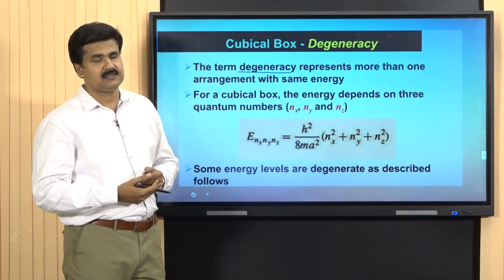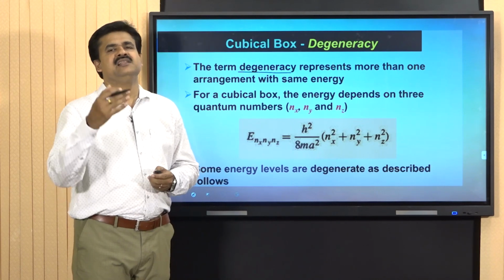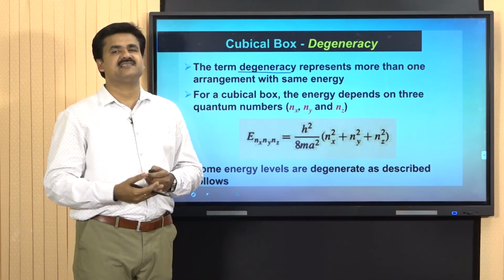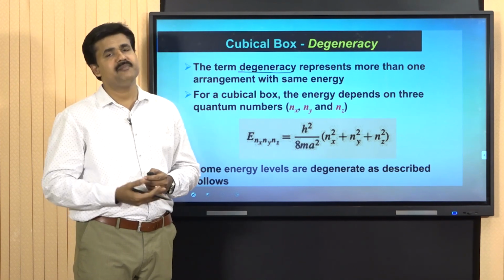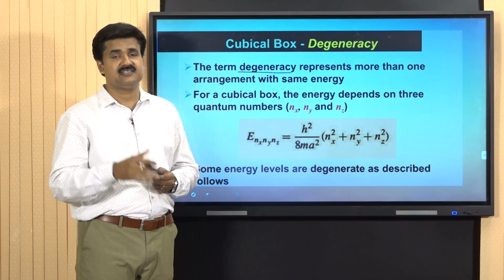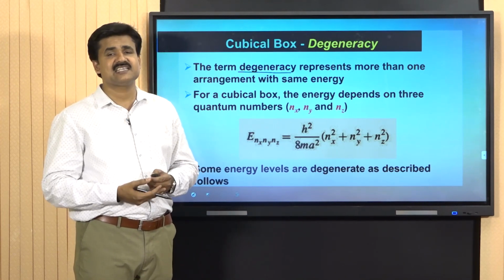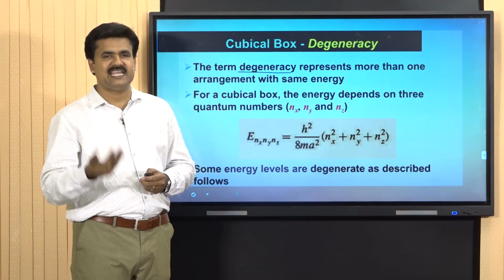For instance, p orbitals are said to be triply degenerate. That is, px, py and pz are the three possible arrangements, each with the same energy. d orbitals are said to be fivefold degenerate, and so on.